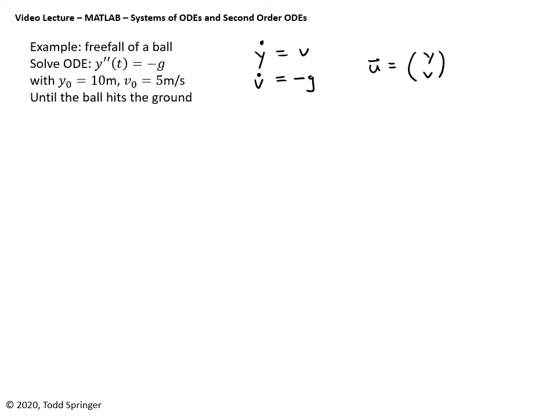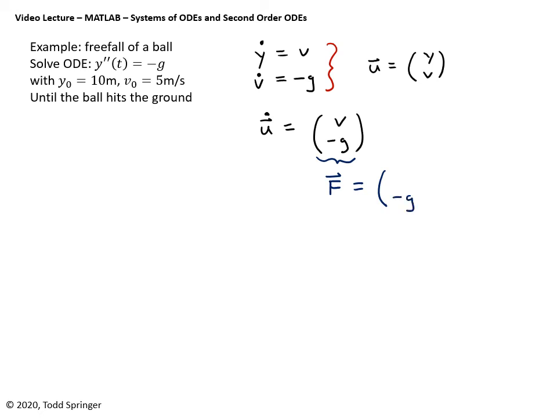And then my system of ODEs can be written as a single vector equation, which looks like this: u dot is equal to the following vector. y dot is v, so up here is v, and then v dot, which is the second entry, is minus g. I'm defining this to be my vector f, and it's equal to, first entry is v and the second entry is minus g.